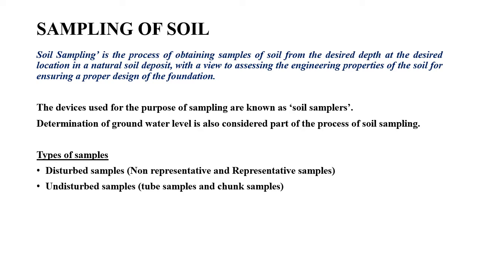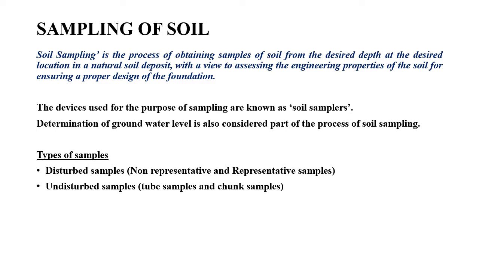Such disturbed samples are not suitable to assess the engineering properties of the soil, such as shear strength, consolidation, or permeability, because for assessing engineering properties, we need undisturbed samples. So using disturbed samples, we mostly assess only the physical or index properties of the soil.